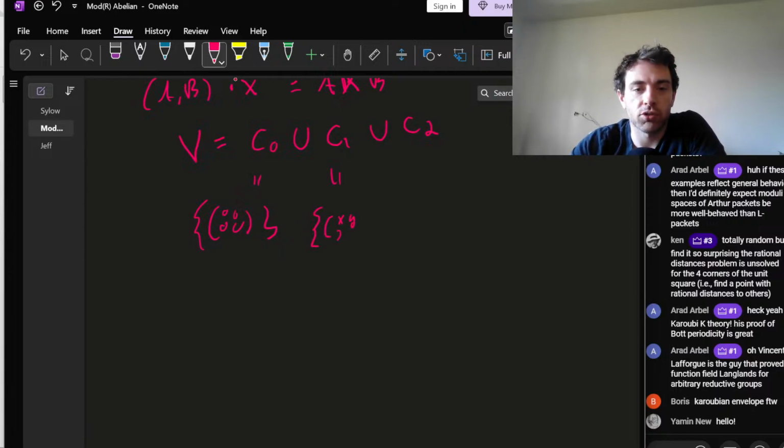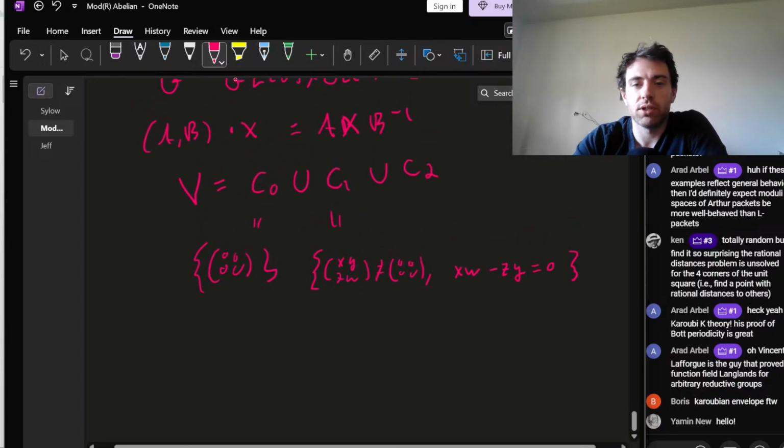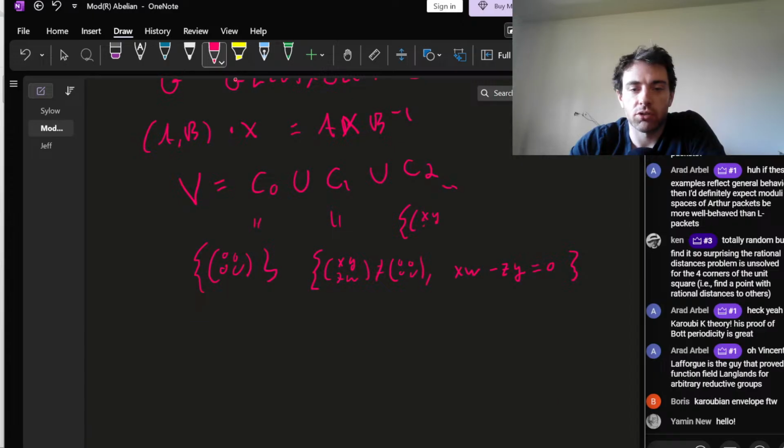Those would be all matrices which are not equal to the zero matrix, but have determinant 0, so xw minus zy is equal to 0. And then C2 would be the rank 2 matrices, where the determinant is not equal to 0.